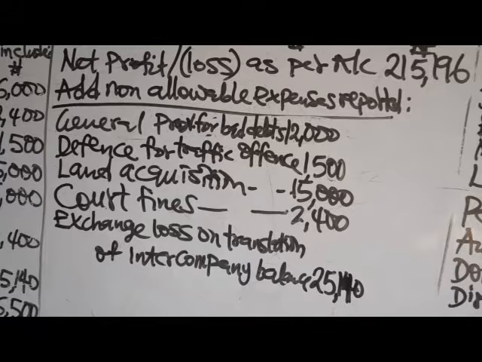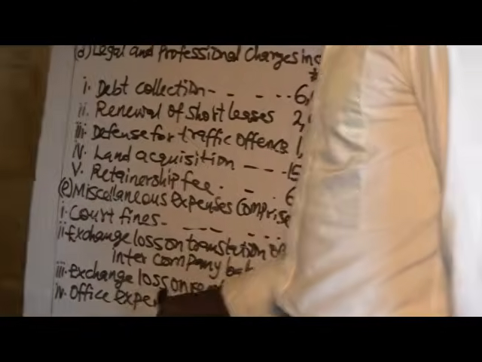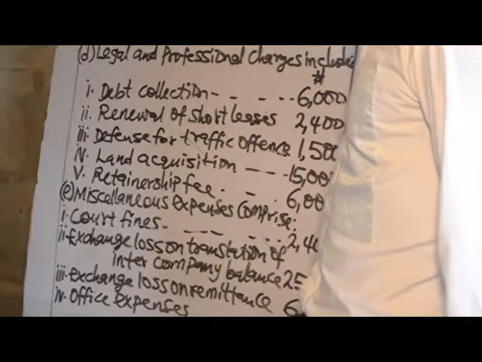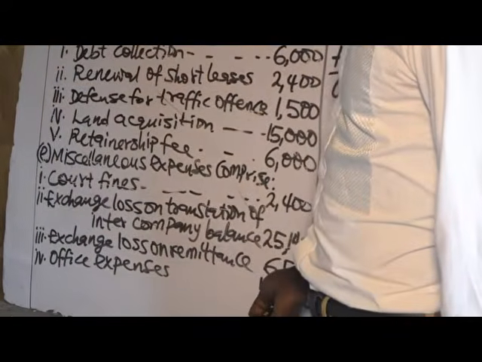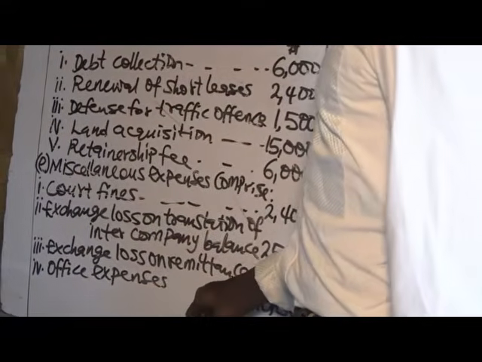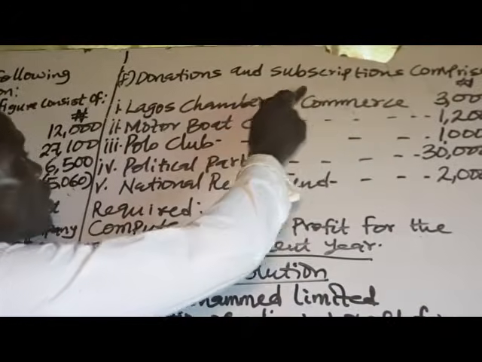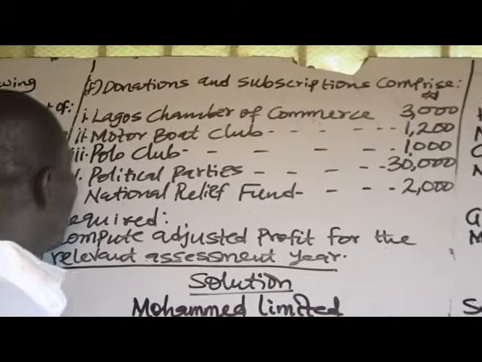Then we also have exchange loss on remittance. This is allowable. Office expenses is equally allowable. Then note F. Donations and subscription comprise.